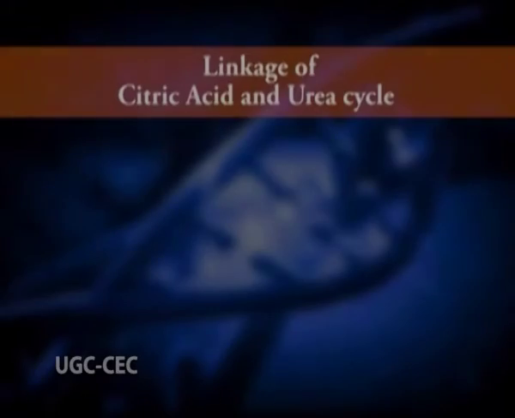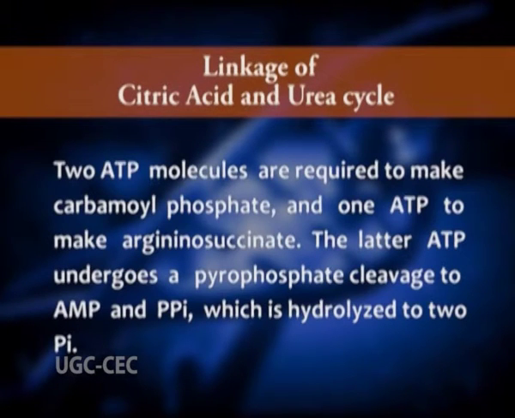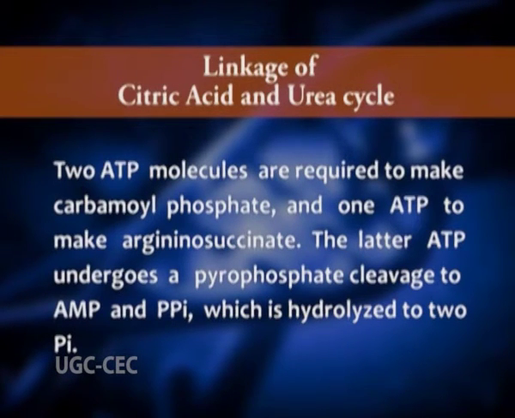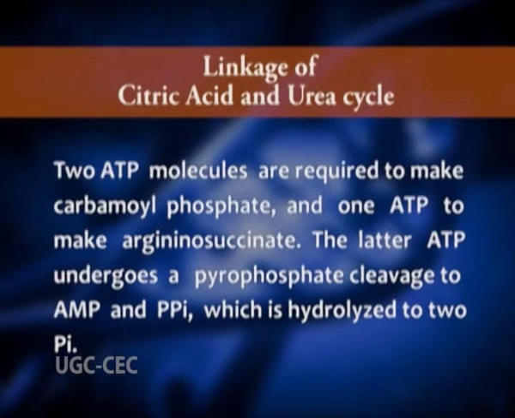If we consider the urea cycle in isolation, we see that the synthesis of one molecule of urea requires 4 high-energy phosphate groups. 2 ATP molecules are required to make carbamyl phosphate and 1 ATP to make argininosuccinate. The latter ATP undergoes a pyrophosphate cleavage to AMP and PPi, which is hydrolyzed to 2 Pi.